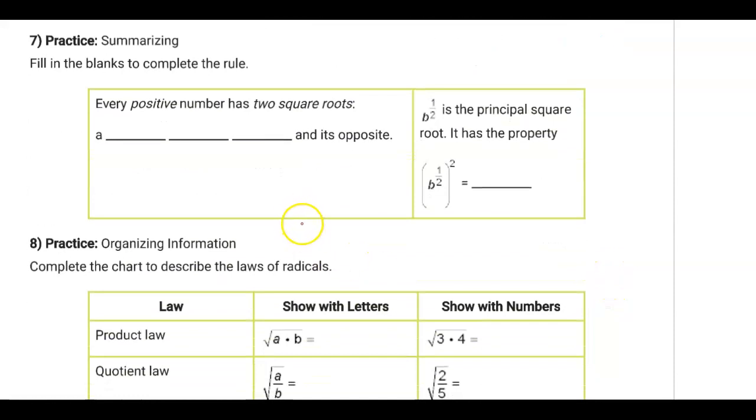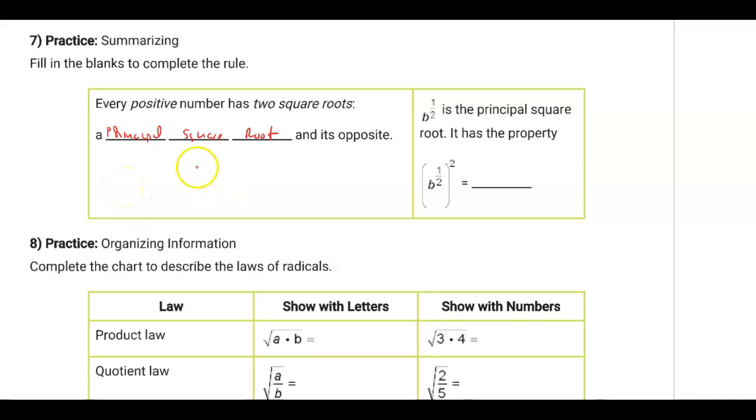So here, every positive number has two square roots: a principal square root and its opposite.